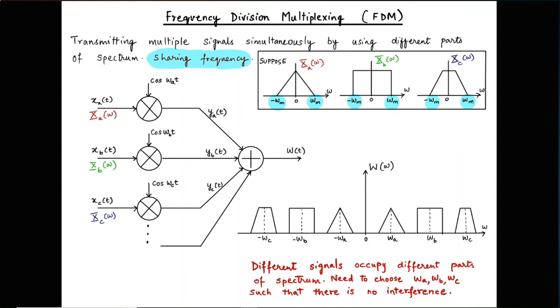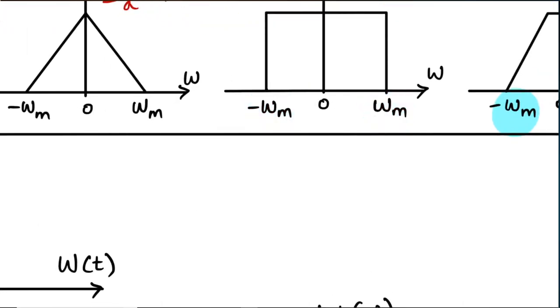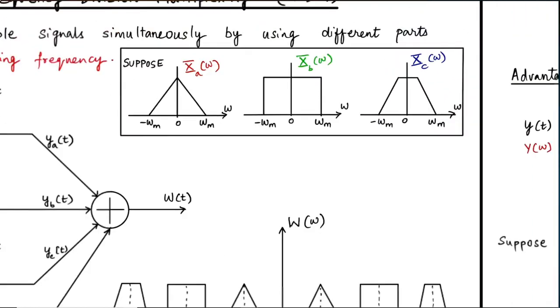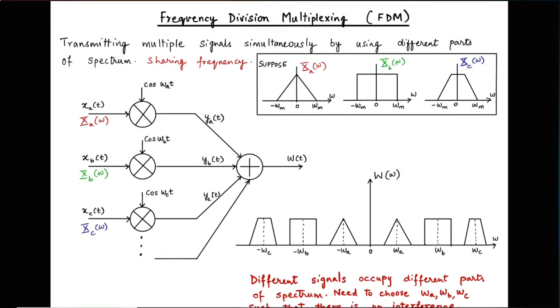So how do I share it? Well, I multiply the first signal with cosine omega sub a. When I do that, what happens? So let me erase these blue things first, and then we can color code the rest. All right. So for omega sub a, yes, let's use yellow.